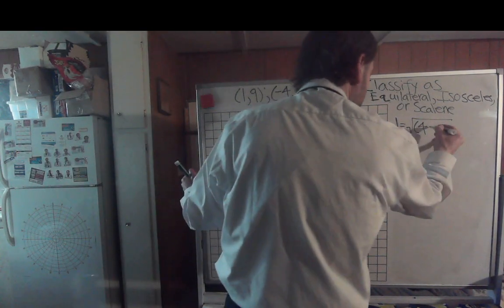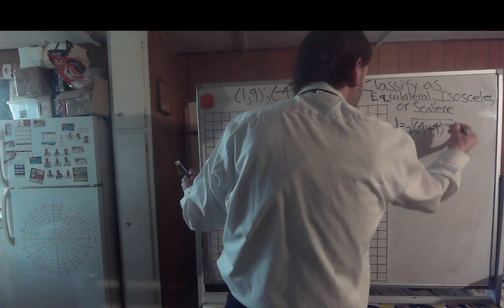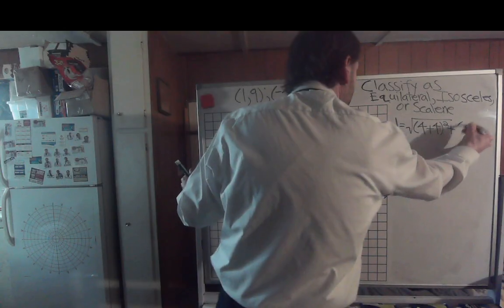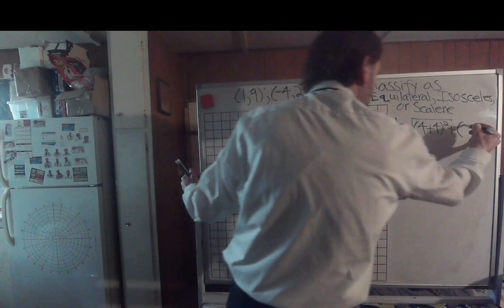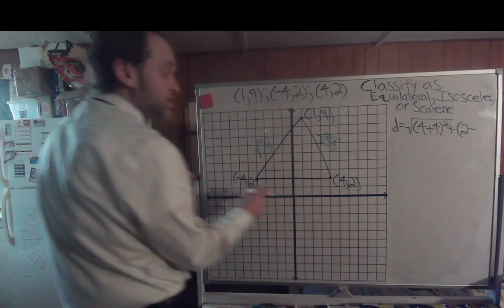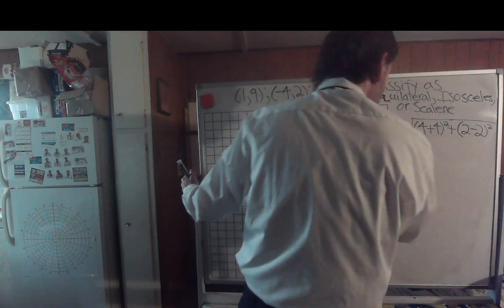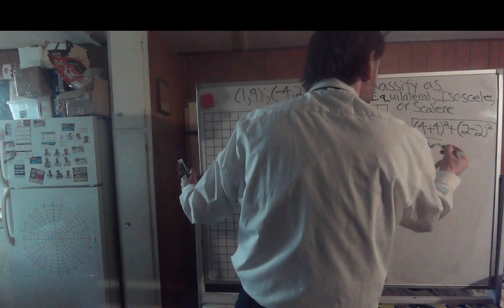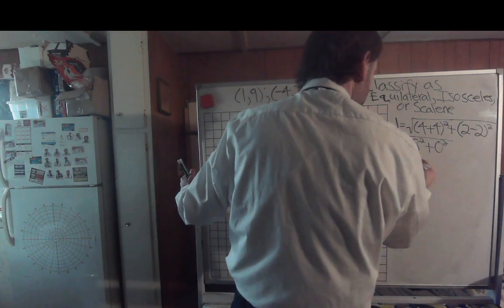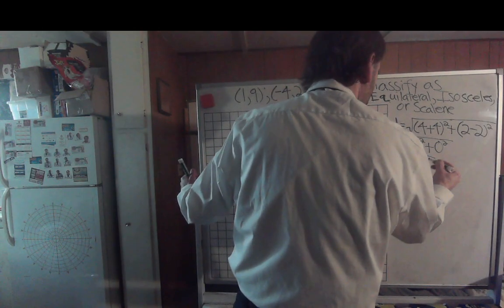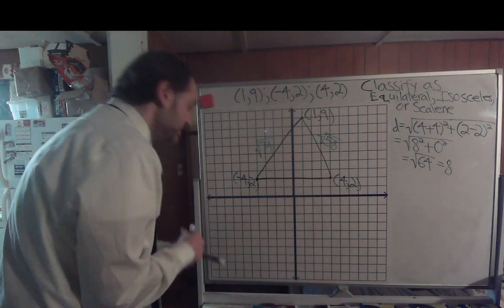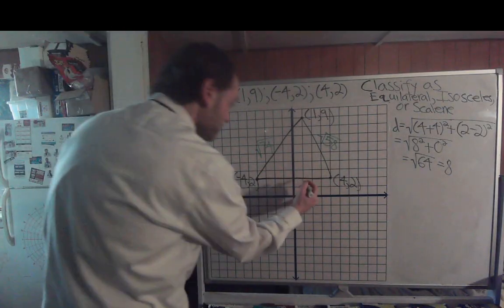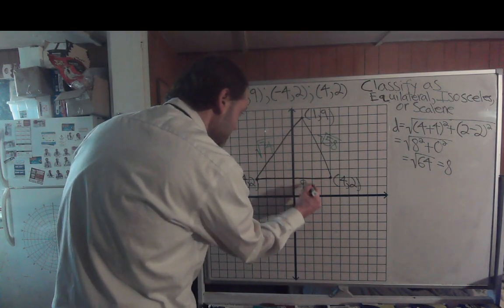So 4 minus negative 4, well that's 4 plus 4, that quantity squared, plus then our y2 of 2 minus our y1 of 2, that quantity squared. So this is going to simplify into the square root of 8 squared plus 0 squared, which would really be the square root of 64, which equals 8. So the distance between negative 4, 2 and 4, 2 is just 8 units.